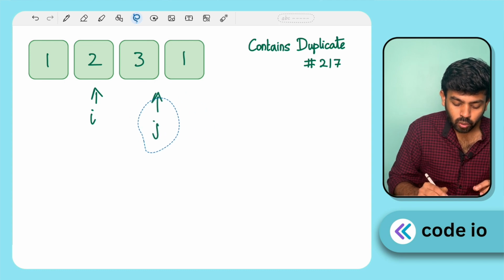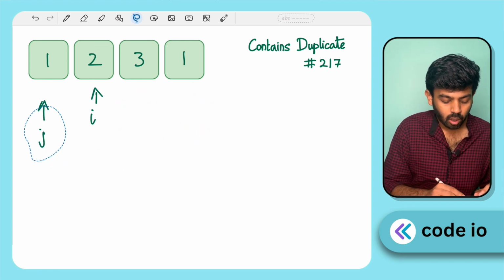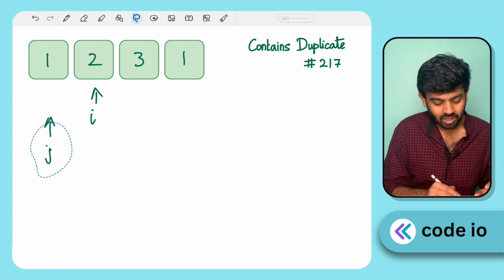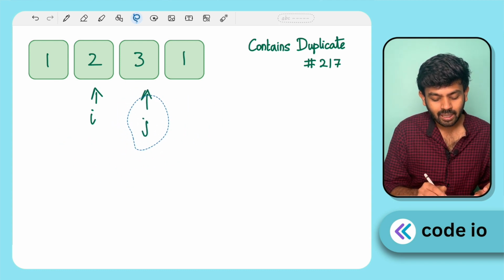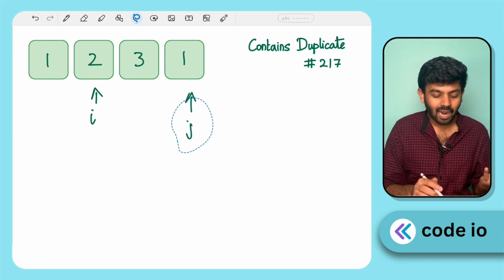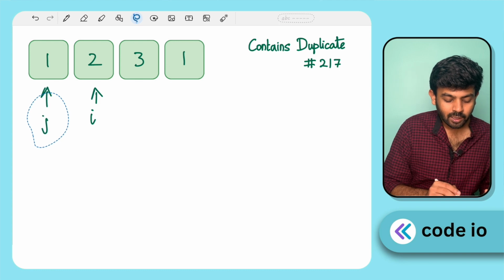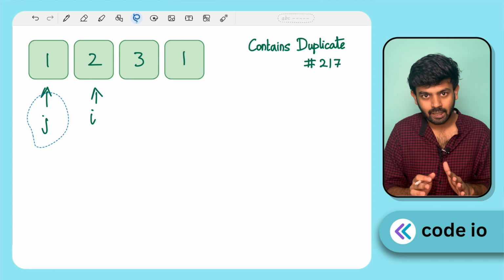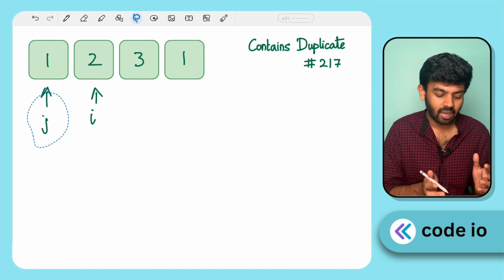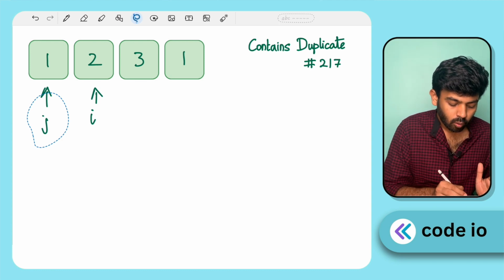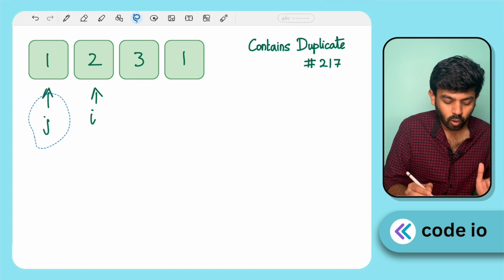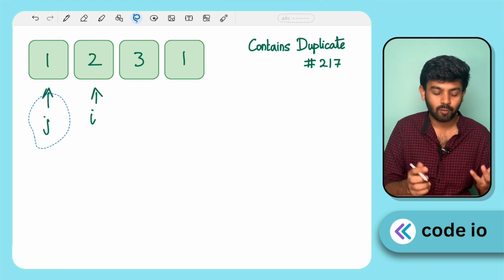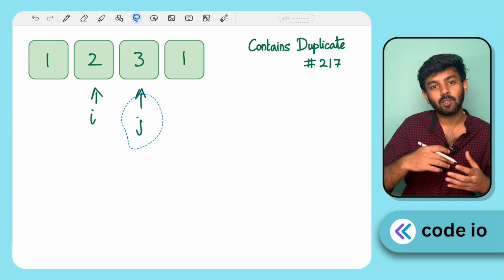You will always do the elements to the right of i, not starting at the first index, because that would just be another iteration of 2 1, which was our first case when we had i at 1. If we start j here, it will be 1 2, which is just the reverse of 2 1. So that would just be redundant.